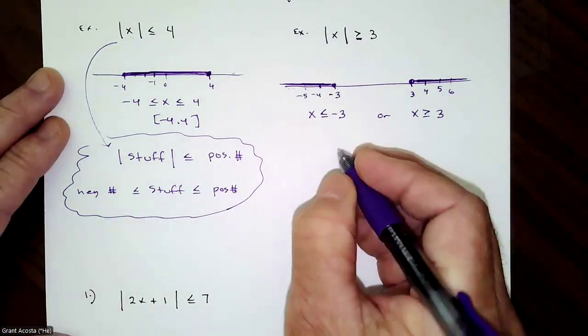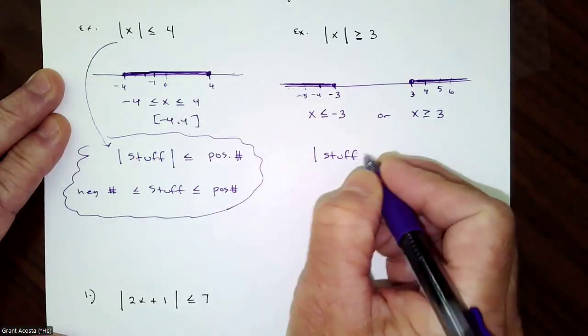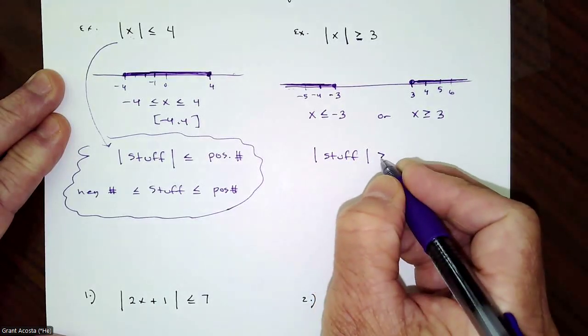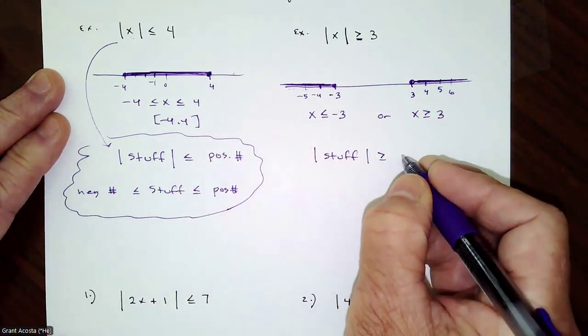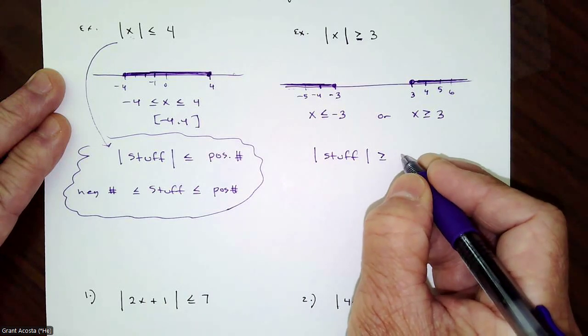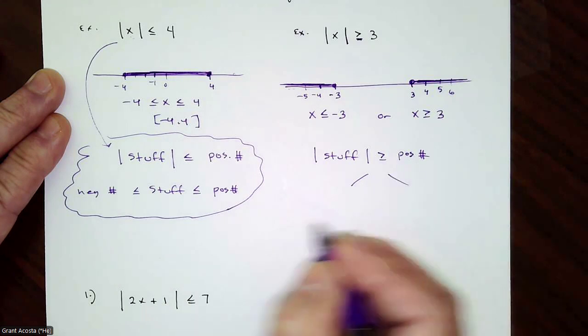And I know I can write that in interval notation, but the bigger idea is if I have the absolute value of stuff greater than, say this works for greater than or equal to, it doesn't really matter, a number, again the positive number, then we have two situations.